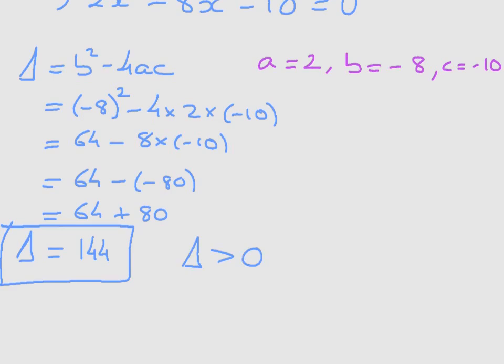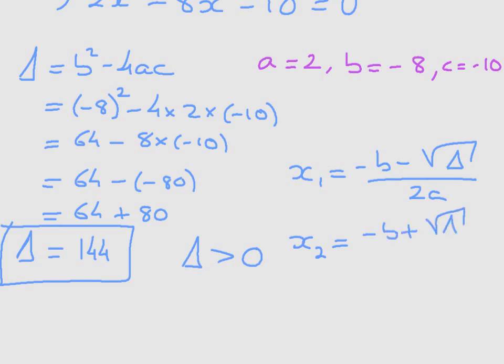Those two solutions are given by the formula x1 is equal to negative b minus the square root of delta over 2a, and the second solution will be x2 is equal to negative b plus the square root of delta over 2a.